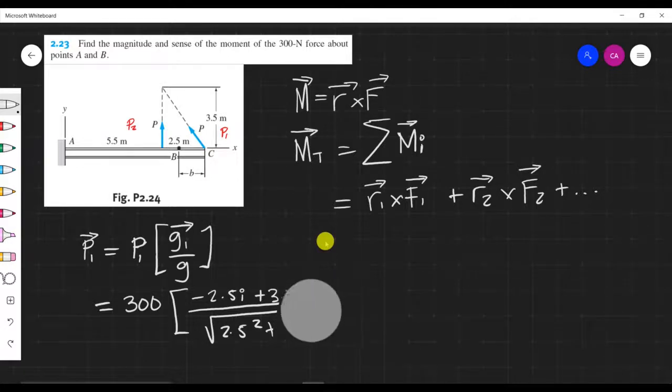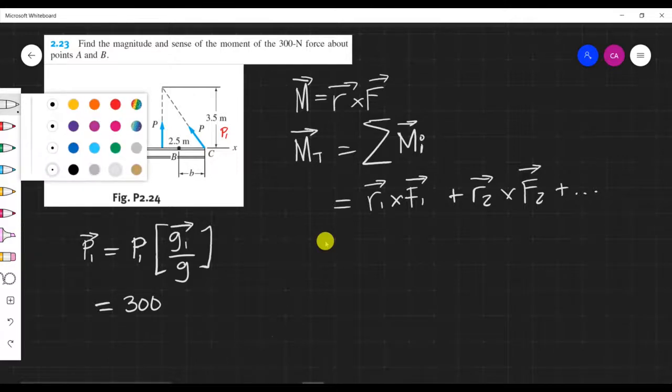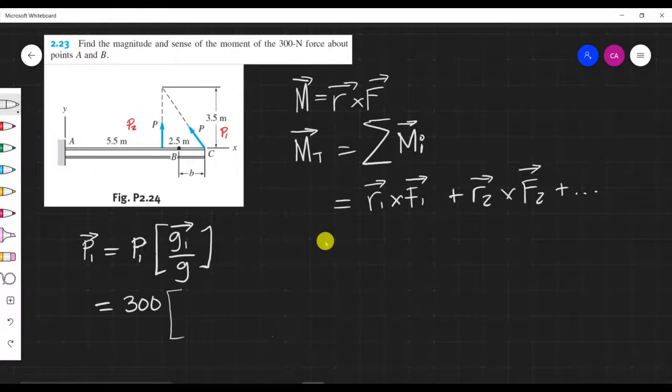Rewrite ko lang, no? Masyadong makapal yung sulat ko. Nipisan ko. Negative 2.5i plus 3.5j over square root of 2.5 square plus 3.5 square.